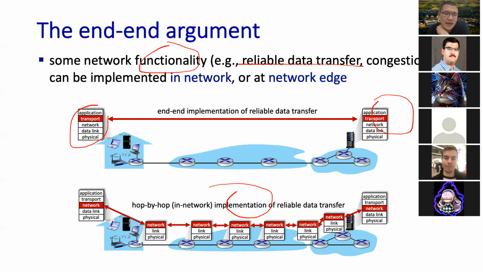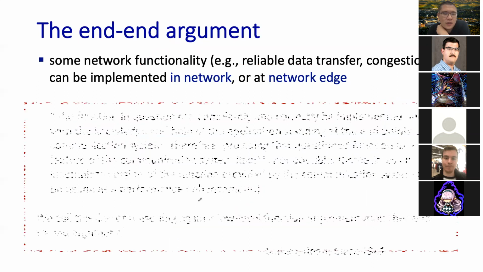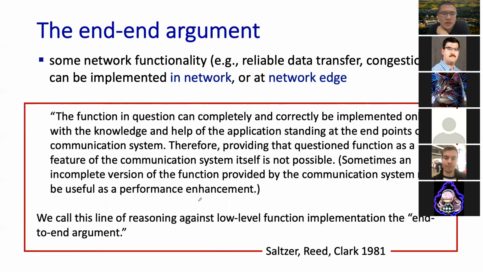But the key point of the end-to-end argument is that we want to make this feature transparent to the network level. We want to make the feature only visible at the end-to-end points level. So here is a more detailed definition.